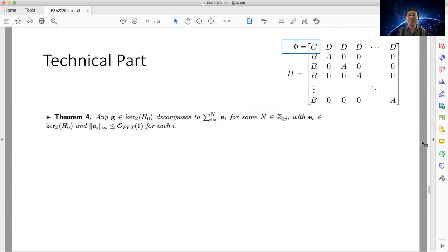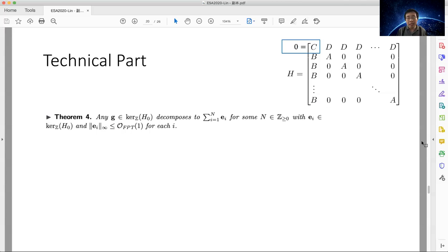Great. That's all the results that we have, and hopefully so far I have convinced you of the motivation, and I have also mentioned our contribution. In the last few minutes, let me briefly talk about some of the technical ingredients in our paper, so hopefully it can give you a little flavor of why certain results are true.